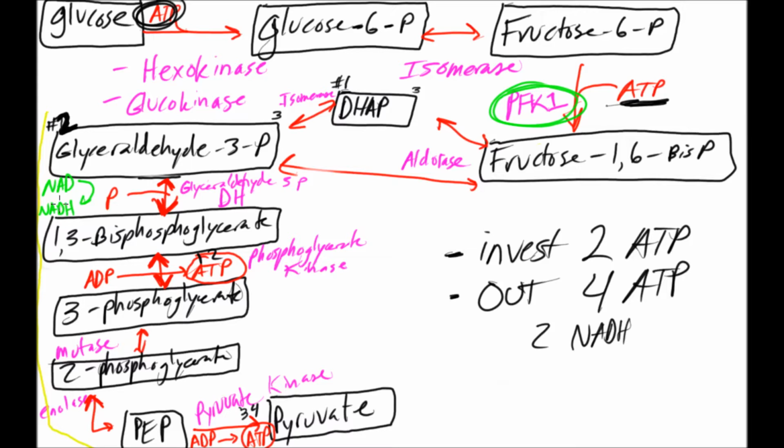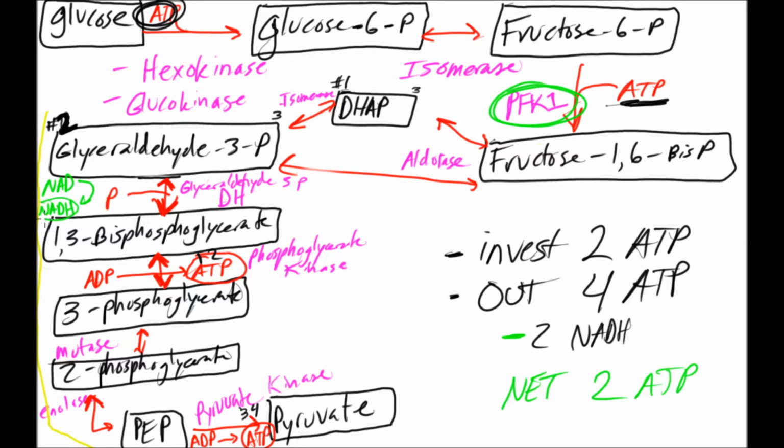This NADH can then go on to the electron transport chain and dump its electrons. That's how we make the bulk of our ATP, is through the electron transport chain. But we're kind of getting molecules to prep up and actually invest into the electron transport chain. So we get 2 ATP in, but out, we actually make a net profit of 2 ATP, but we also make, in the meantime, 2 molecules of NADH.